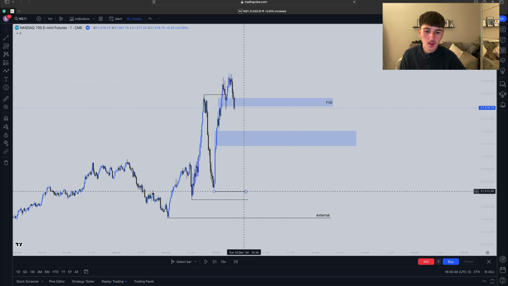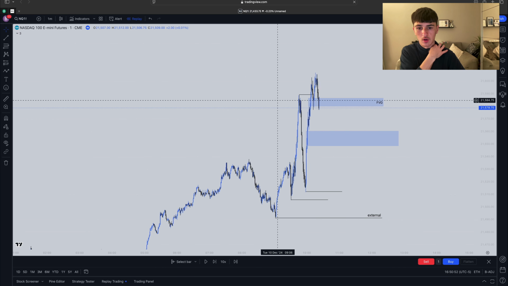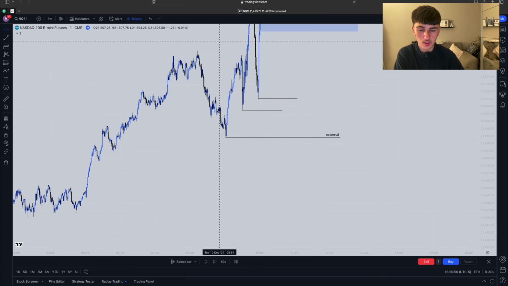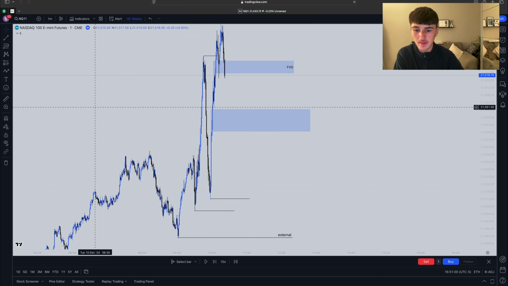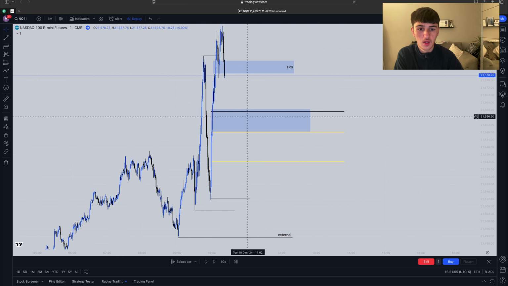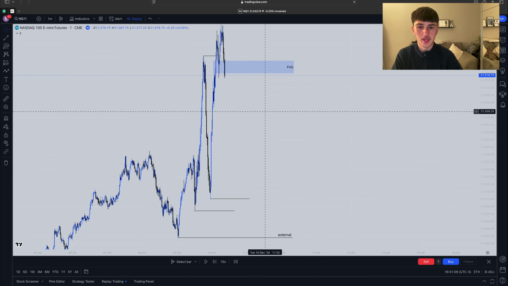Not only that, but we were also extremely high in premium. So you can see that we are so far up currently, and we haven't really had any major pullback from this large move. So even then, in the worst case, we could expect us to come back into discount, which also coincidentally ties up with the next fair value gap in the move.